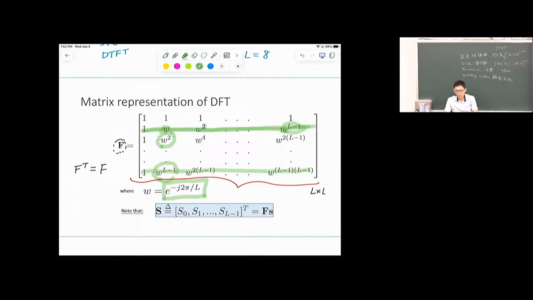Some people call each row a complex spiral wave. Let me write it down. Each row can be called a spiral wave. Why? If you consider a row being itself a block, you can very well say that every row is itself a signal, and it has a real part and imaginary part.